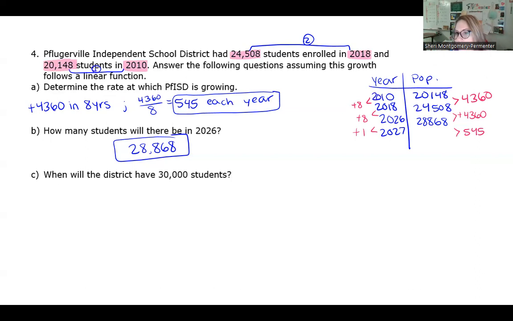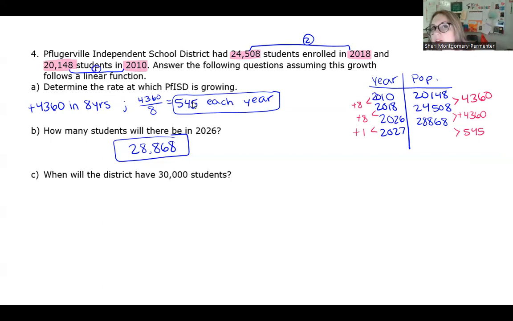If I have this much and add another 4,000, that would be 28, 29, 30, 31, 32. That's more than 30,000, right? So I'm not going to add by 8 years. I'm going to add by 1 year.